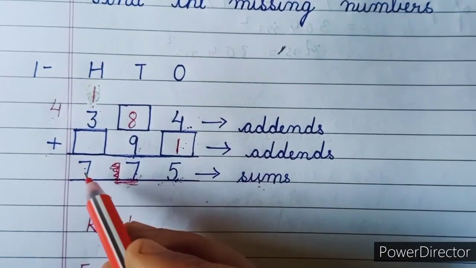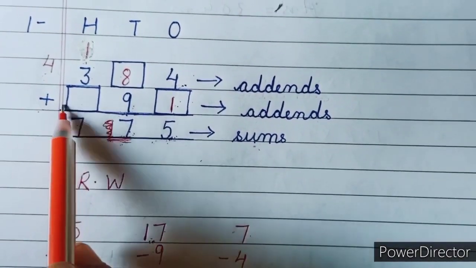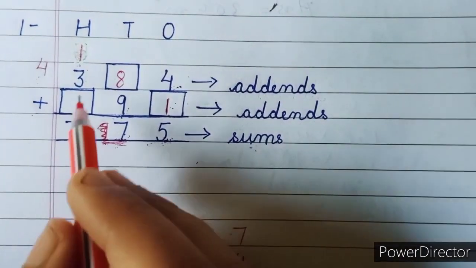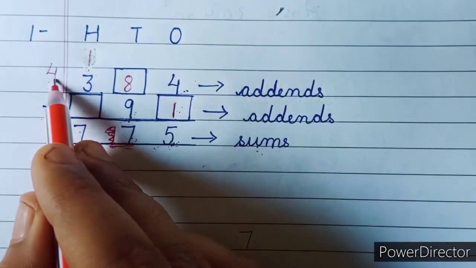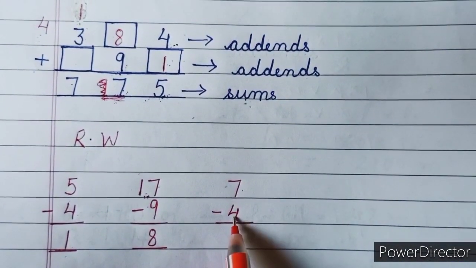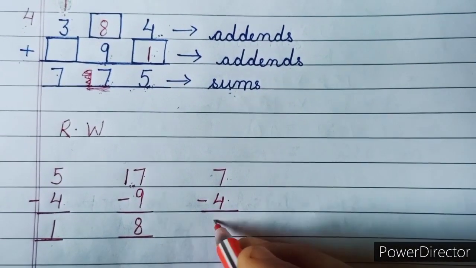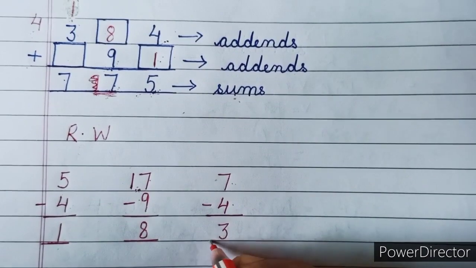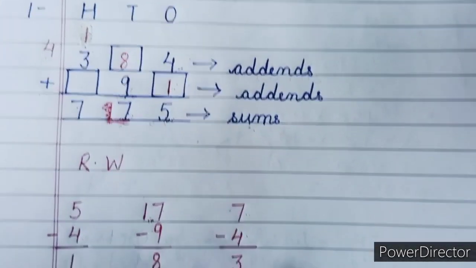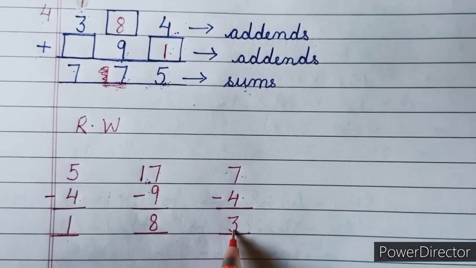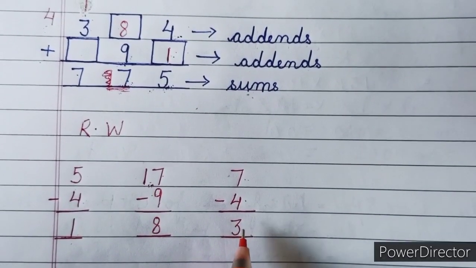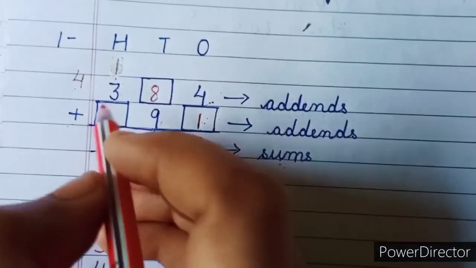In this case, look here, 1 plus 3 is 4, so this 4 is written here. 7 minus 4 is equal to 3. So the answer will be 3. We have to write 3 in this box.